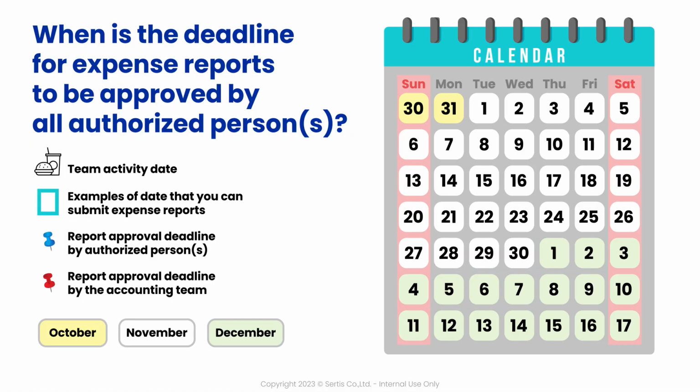Suppose that the team activity expenses occur during November 1st to 30th, 2022. It must be fully approved by the authorized person and the accounting team by December 7, 2022. For example, team activity occurring on November 10th can be submitted and acquire full approval from November 10 to December 7, 2022.